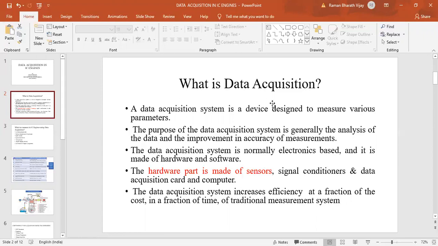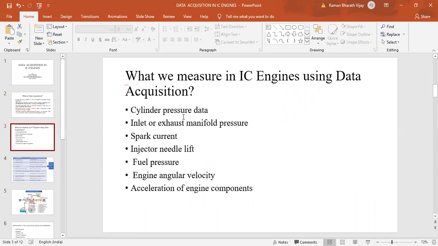So this is about data acquisition. Now we have to know what we measure in an IC engine using data acquisition. We will see this in this slide. You can see the topic, what we measure in IC engines using data acquisition.